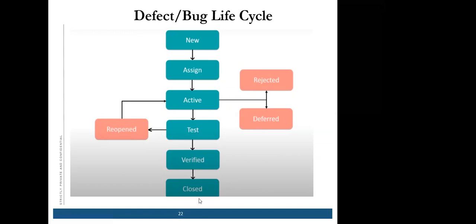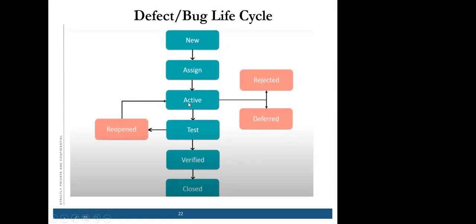So this is the normal scenario. Now if the tester says that no, this bug still exists, then he or she will reopen that defect. Okay, the bug will be reopened, and then again it will be in the active state.